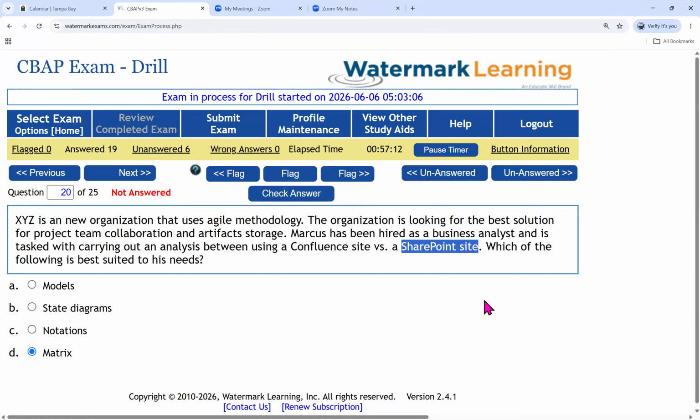But how does a matrix suit? He makes a comparison. Yes, okay, we take matrix. Okay, let's test it.